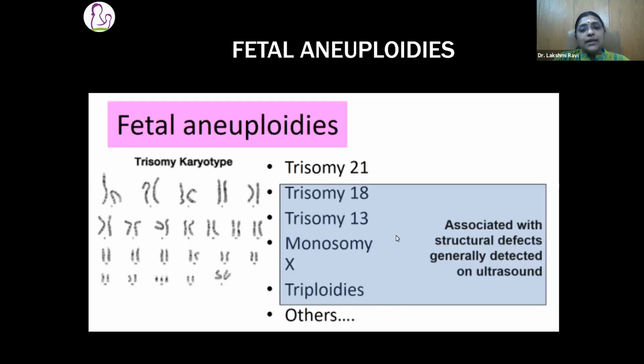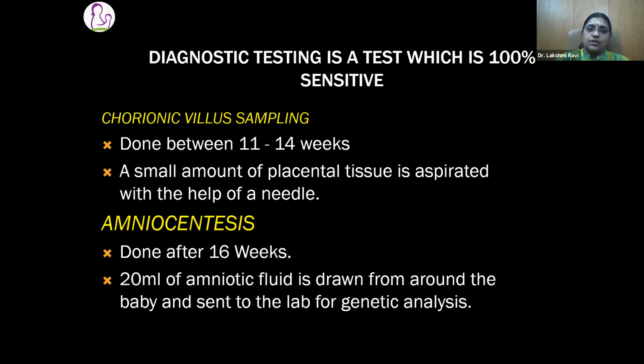When we speak of other syndromes like trisomy 18 and trisomy 13, they have a lot of other systemic abnormalities which can easily be picked up by ultrasound. Whereas in trisomy 21, there are only some very minor soft markers on ultrasound, and hence we need an effective screening test for aneuploidy.